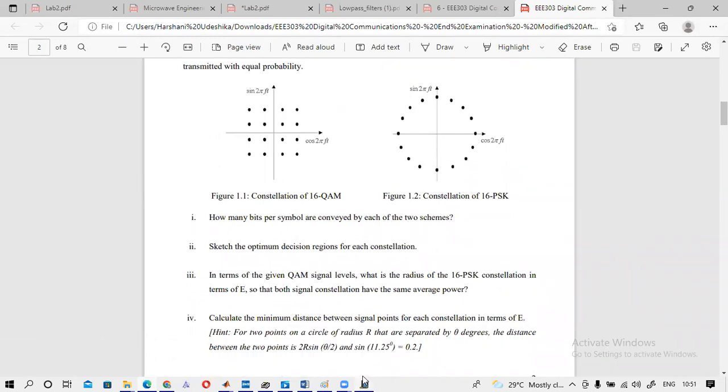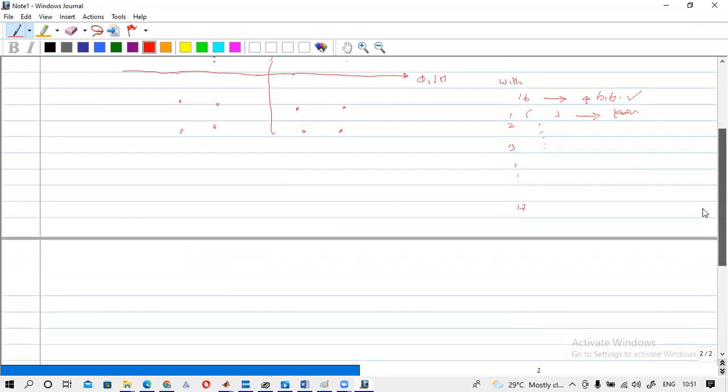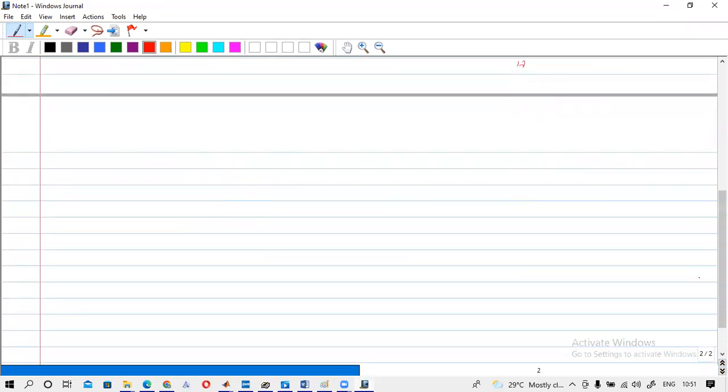The second point is to sketch the optimum decision region for each constellation. So this is the 16 QAM. Now I will tell some details with respect to 16 PSK modulation.